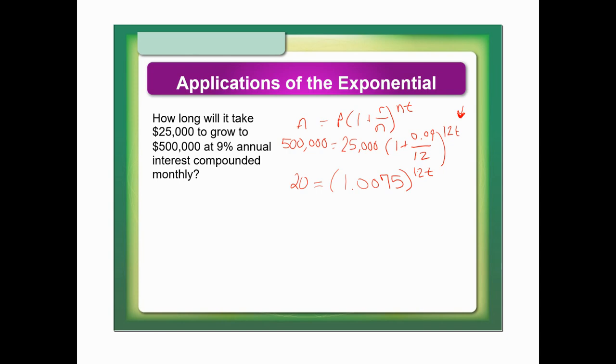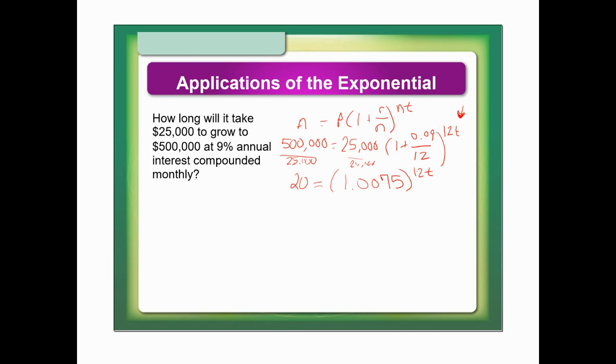All I did was simplify the numbers. I divided by 25,000 on both sides, and I get 20. And I simplify my base to be 1.0075, because 0.09 divided by 12 is 0.0075, to the 12t power.